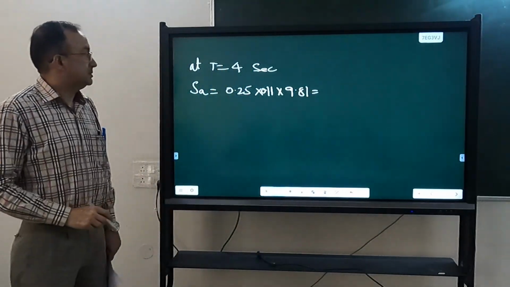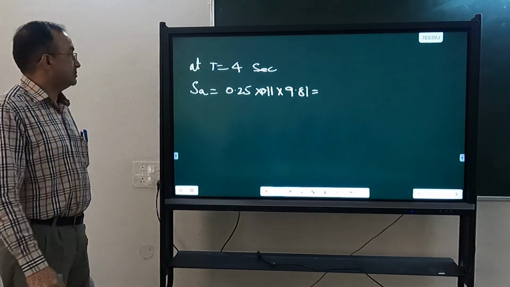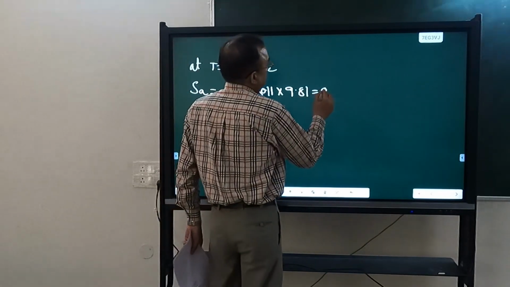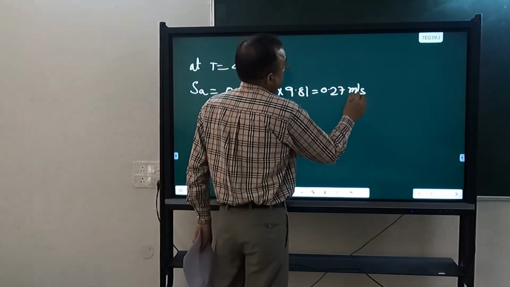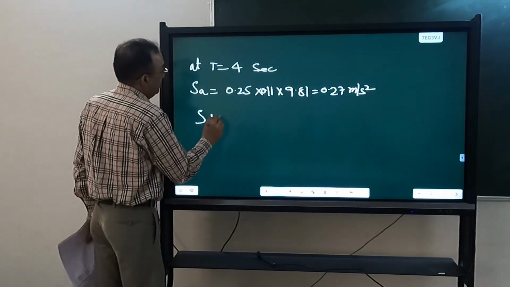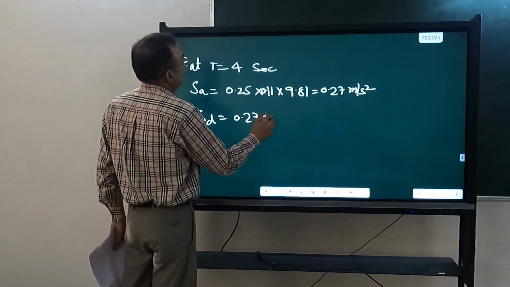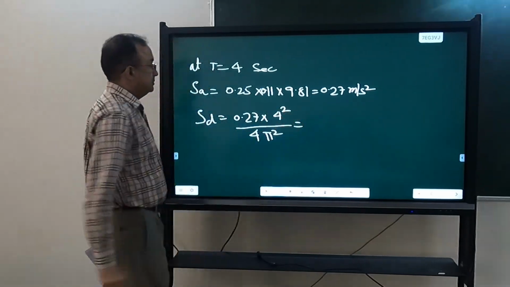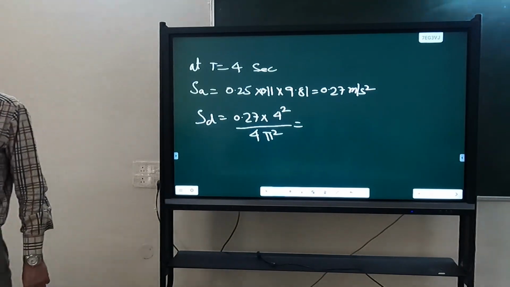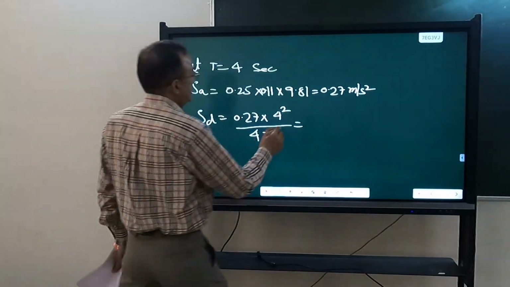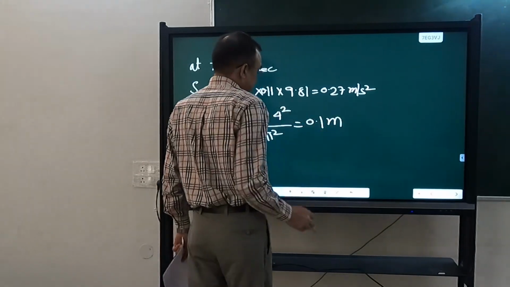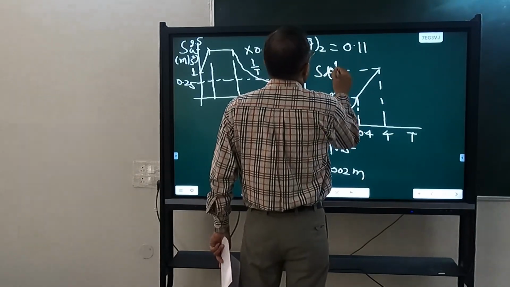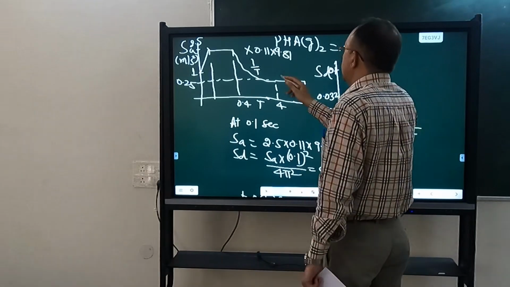How much is that? 0.27. And SD will be 0.27 into 4 square divided by 4 pi square. 0.1 meter. So this will be 0.1 meter. Beyond that, it is constant.